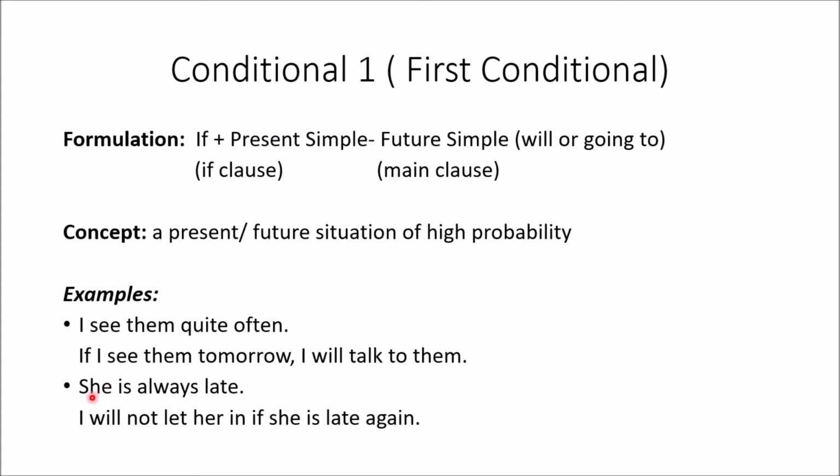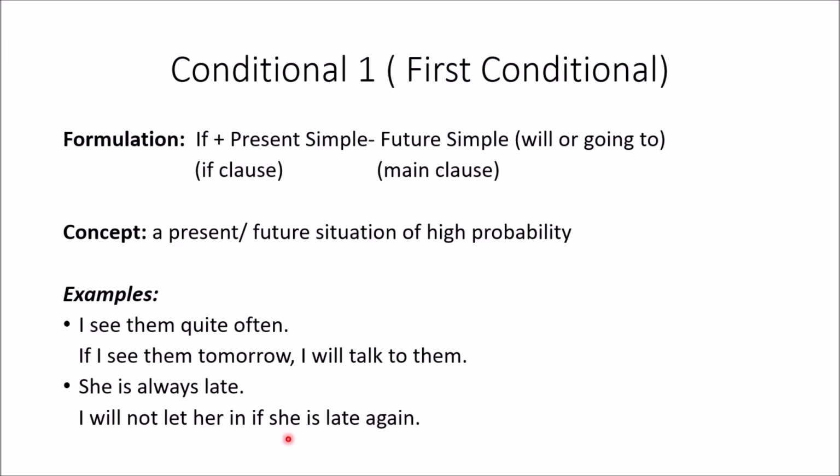The other example, we have a general statement here. She is always late. It's a fact. I will not let her in if she is late again. We have a main clause preceding the if clause. I will not let her in if she's late again.